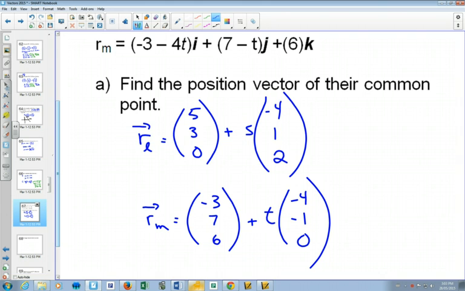So now we have lines in 3 dimensions, and apparently they cross. We have to find out what the position vector of these 3-dimensional lines is, because they cross somewhere.